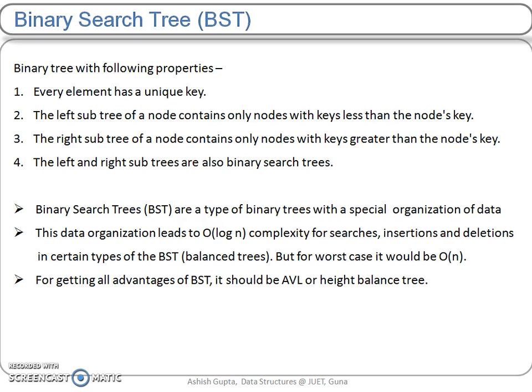This data organization leads to order of log n complexity for search, insertion and deletion, as the tree uses the binary search algorithm to find a node. So the time complexity would be order of log n, even when you are inserting or deleting an element.